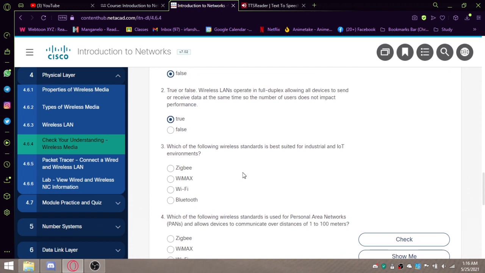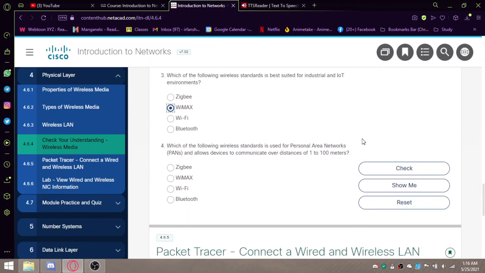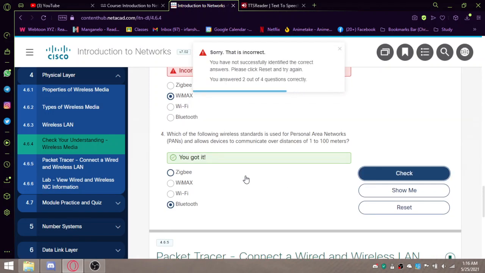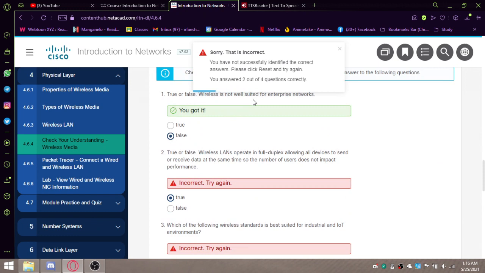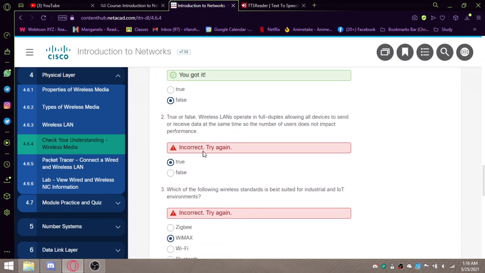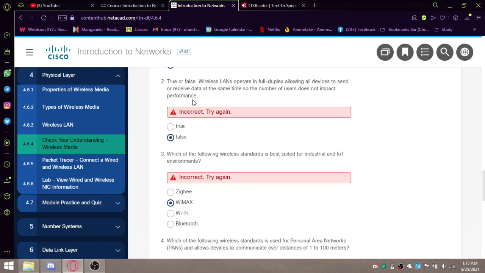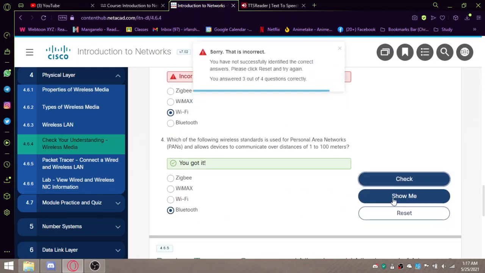Which of the following is standard best suited for industrial and IoT environment? Agak dah, saya salah. False. Dah kata dah, false. Which of the following wireless standards suited for the bed? Wi-Fi ke? Ke ZigBee?